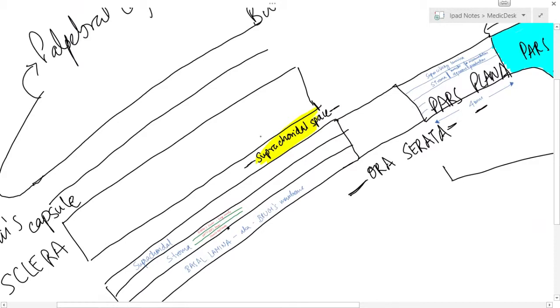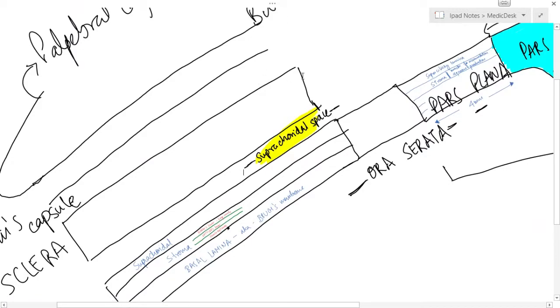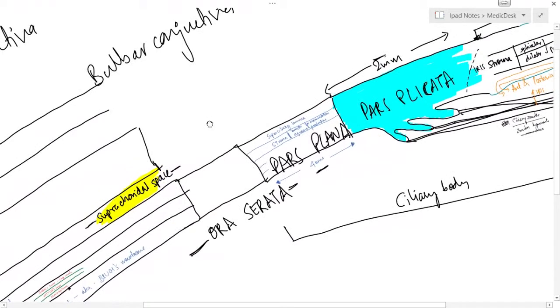Now we come on to the sclera, and we all know that sclera continues anteriorly. After sclera would be the part of the cornea. So let us draw the cornea.